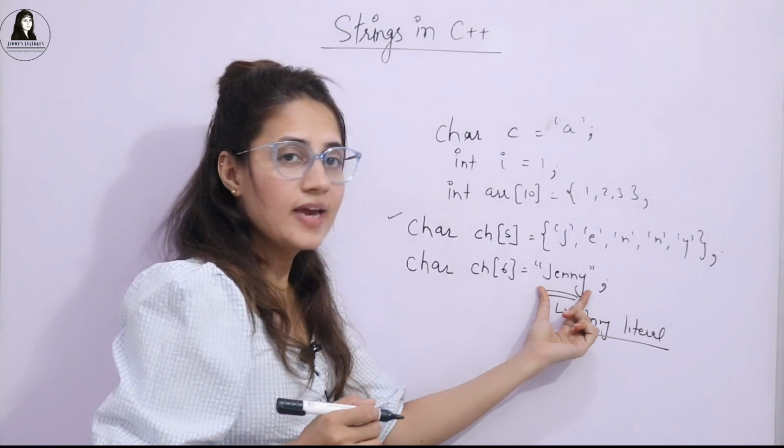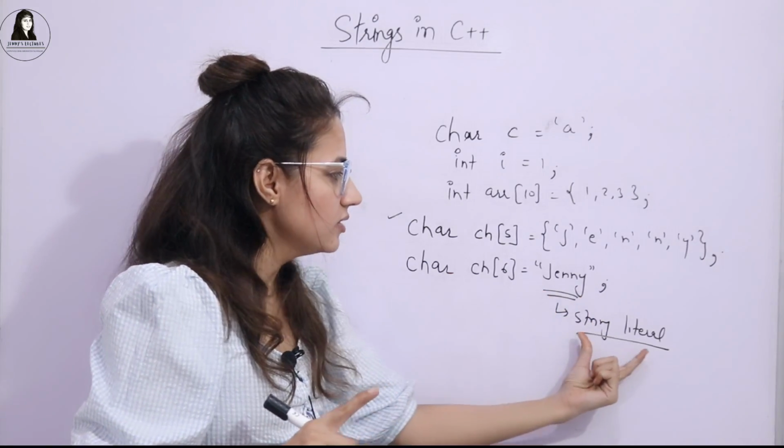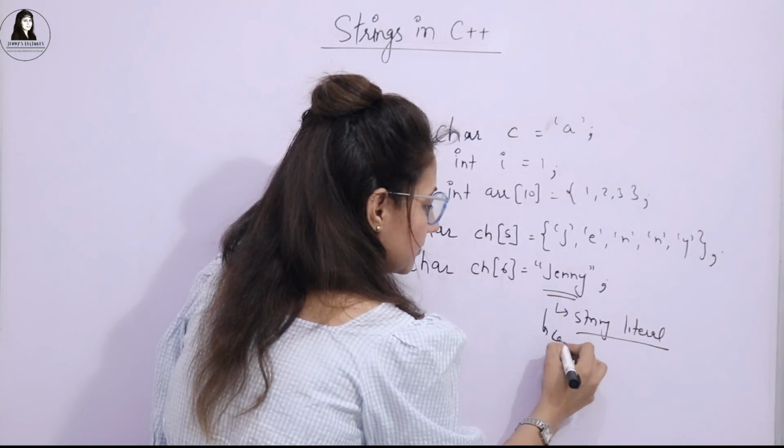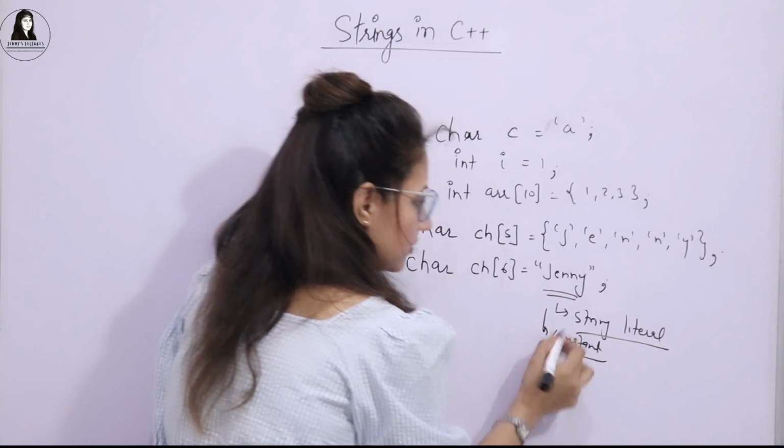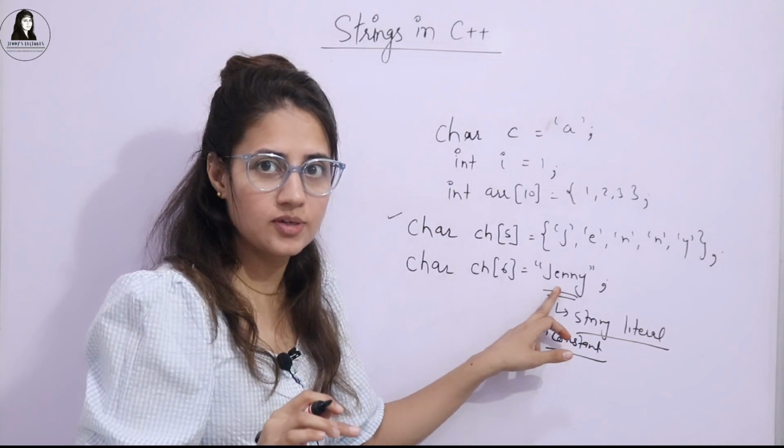These are sequences of characters in double quotes, so these are known as string literals. These are constant. We cannot change these string literals, right?